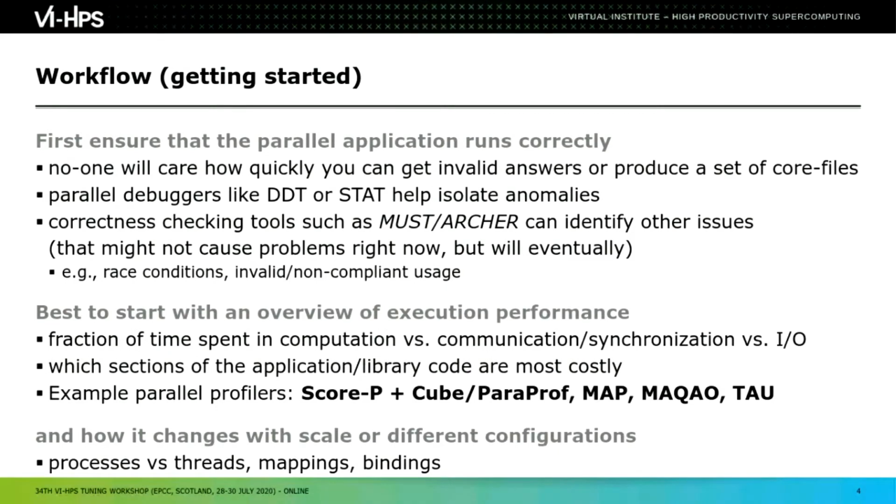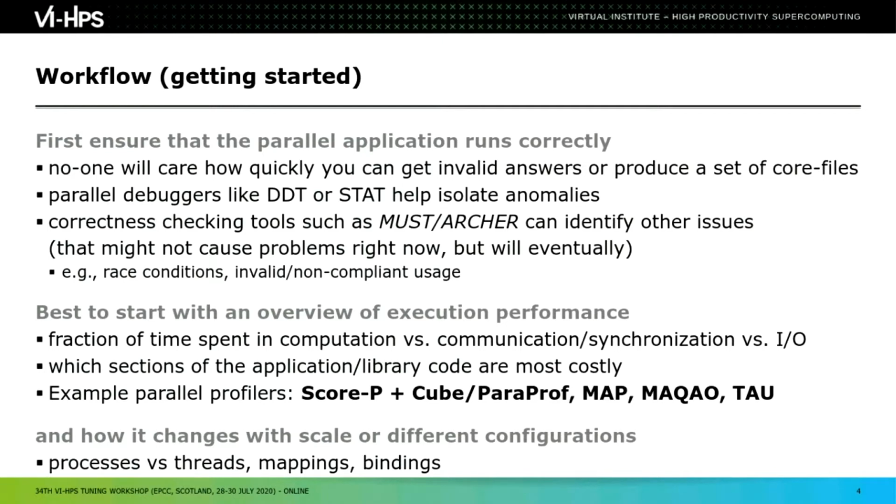So if you want to proceed, the idea is first to make sure that the application is running correctly. That's where debuggers and correctness checking tools will allow you to check that your application is actually executing and that the results you are generating are accurate and consistent from one execution to another. We didn't have any presentation of correctness checking tools, but there is ARM-DDT, for instance, a powerful parallel debugger that can help in this stage.